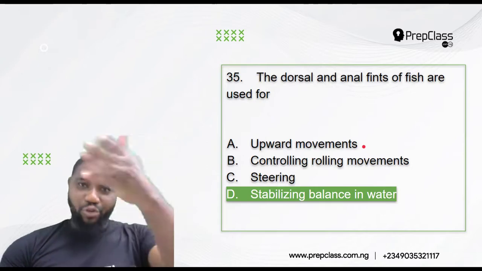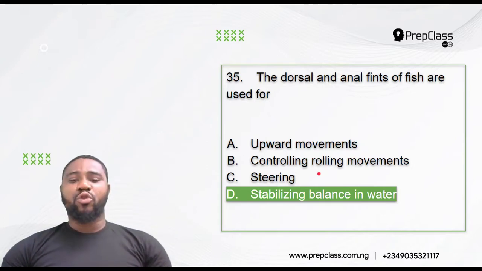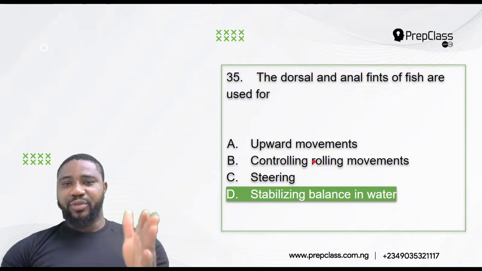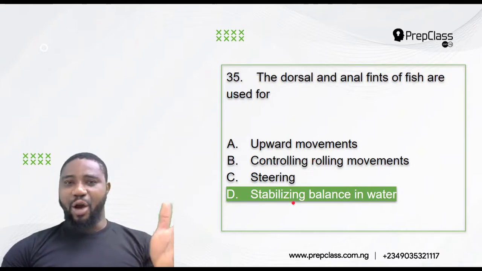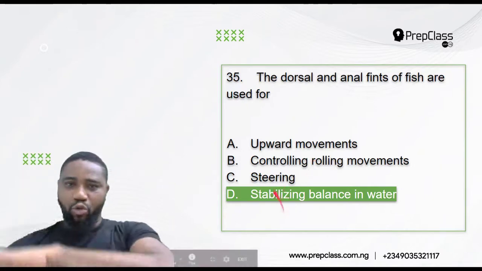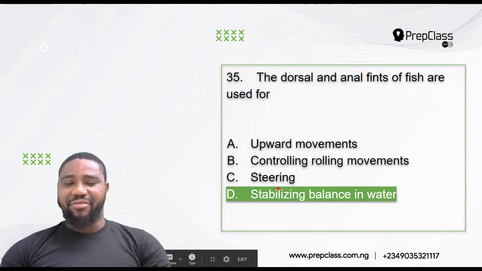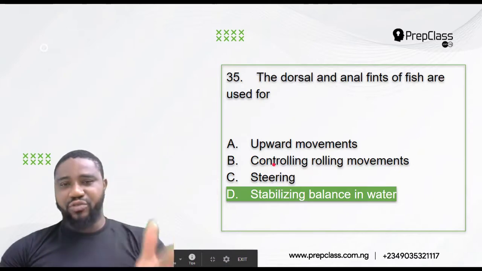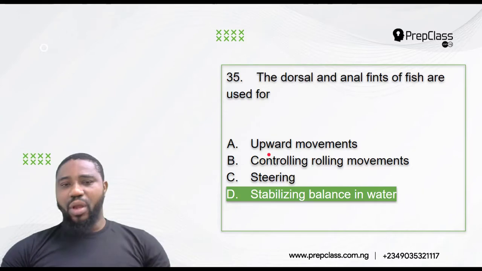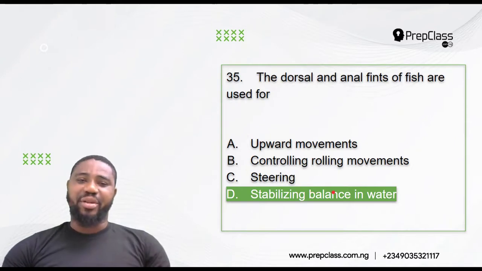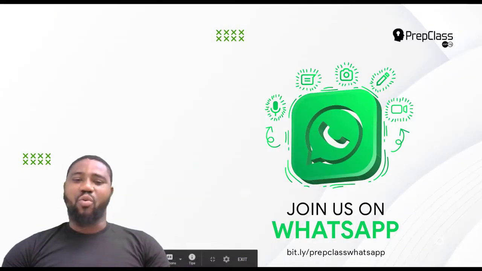For them to move straight, they must have a dorsal fin that will prevent them from toppling, from rolling over. They have an anal fin that will help them move straight forward and provide stability in water. So the answer is stability, balance in water.